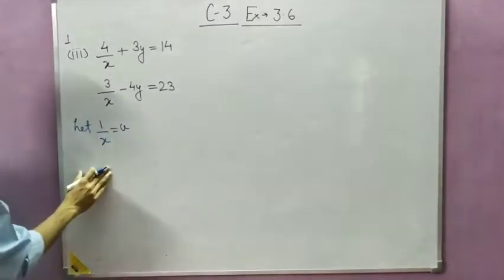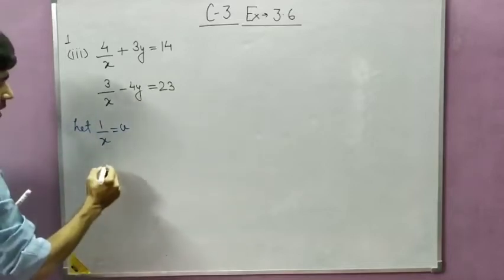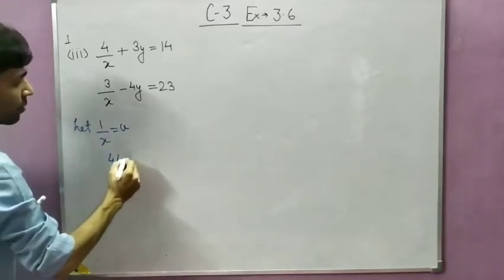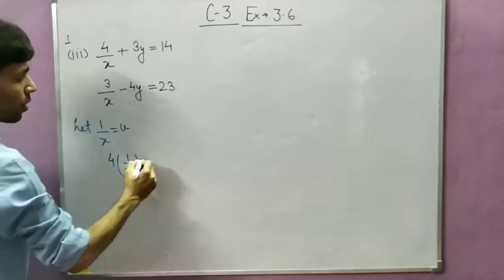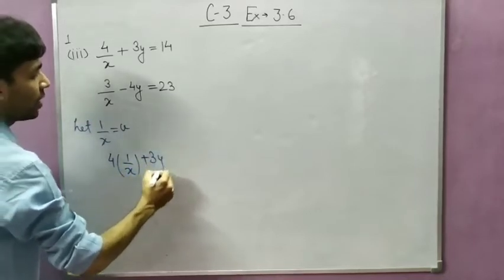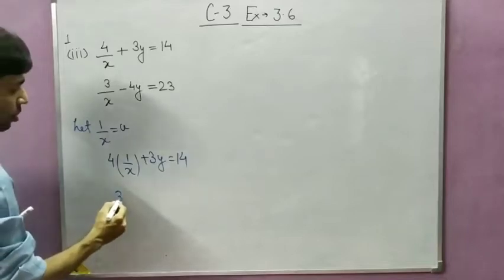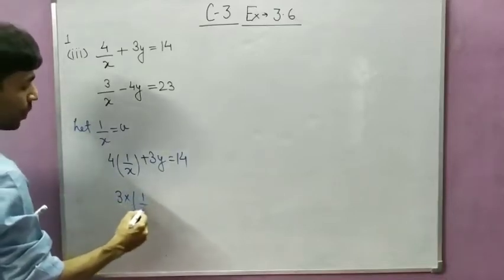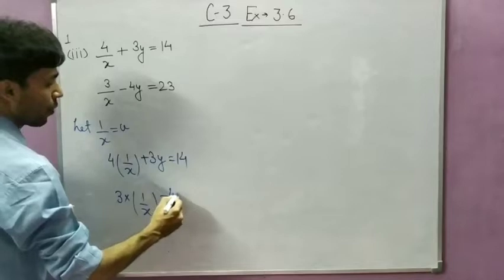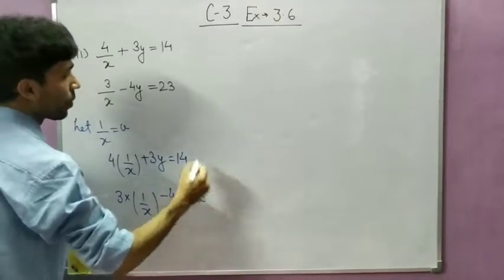Now see, the first equation can be written as 4 into 1 by x plus 3y equal to 14, and the second equation as 3 into 1 by x minus 4y equal to 23.